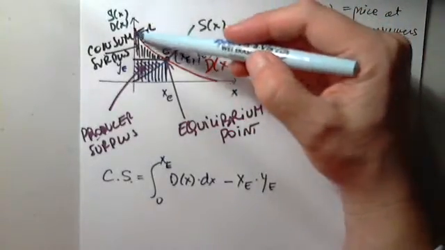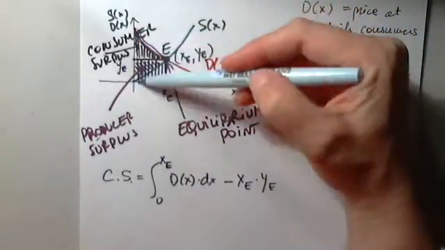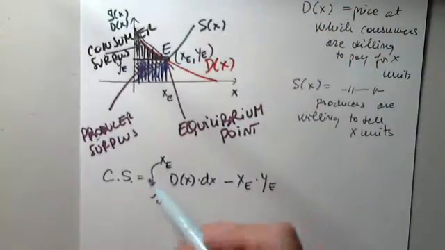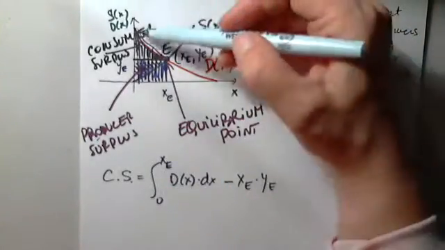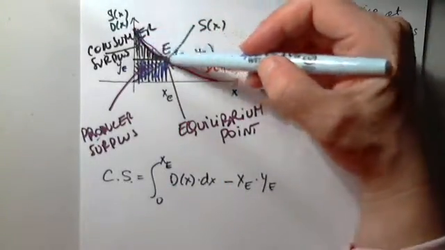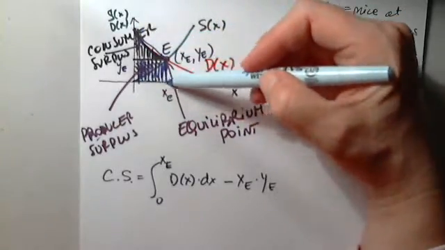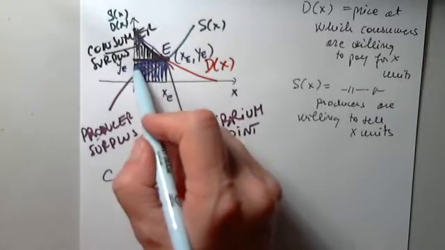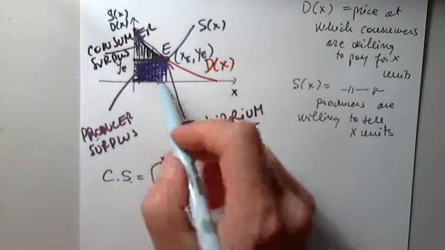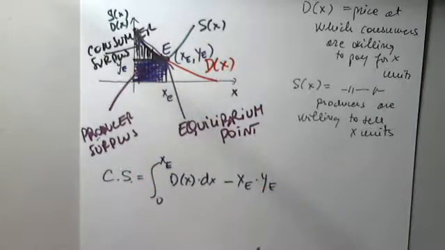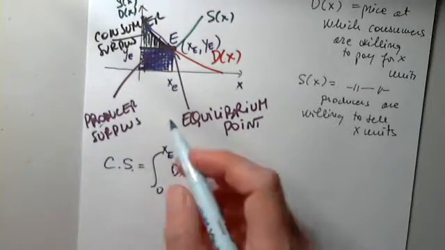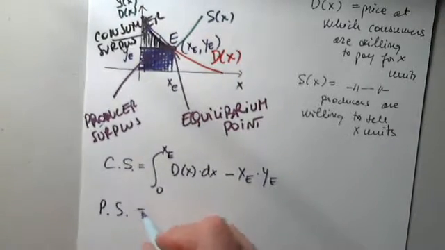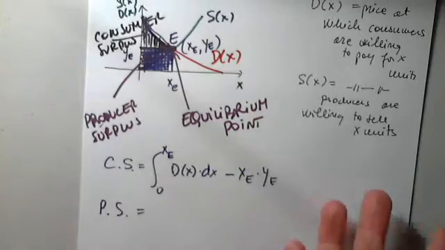How come? This area is the integral under the graph of d of x from here till here, everything, from which I have to subtract the area of the rectangle. The area of this rectangle is xe times ye. Now, how do I determine the producer surplus? It's the other way around.